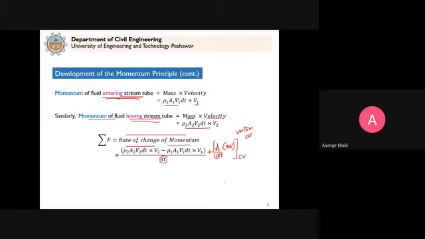So now in this case, this equation is applicable to unsteady flow.